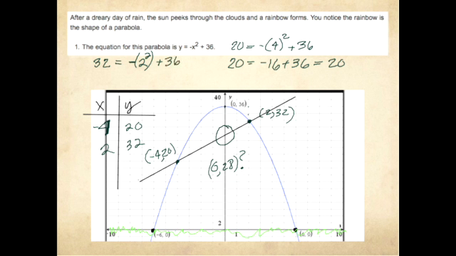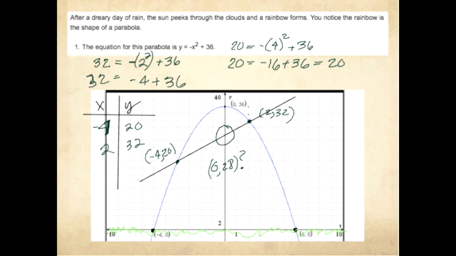So 2 squared is 4, and so this is -4 plus 36. So I have just proven that the 2 points that I picked are, in fact, on that parabola.